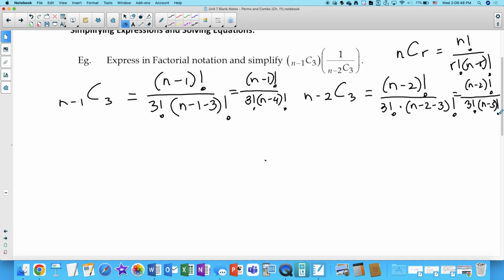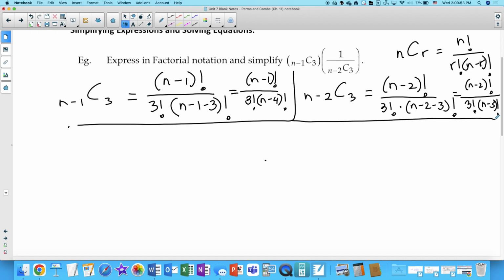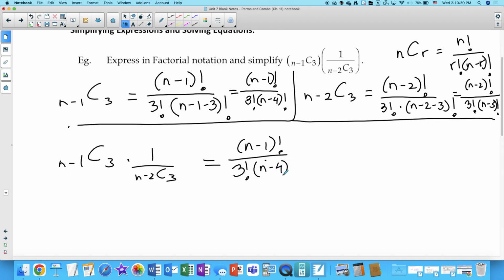Okay, so we're going to take these and use them to multiply the first one essentially by the reciprocal of the second. Okay, so if we look at this, n minus 1 choose 3 times 1 over n minus 2 choose 3, that's going to be the first one, n minus 1 factorial over 3 factorial times n minus 4 factorial, times the reciprocal of the second one.